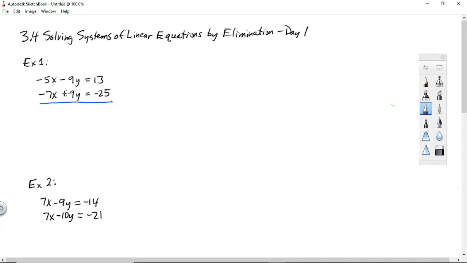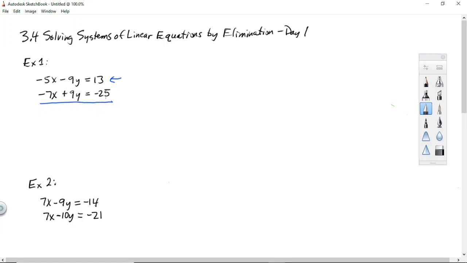I first just want to mention that adding two equations together is a reasonable thing to do because we know you can always add the same thing to both sides of an equation. So think about our top equation. We are adding something to the left, correct? We're adding the left side of the other equation.